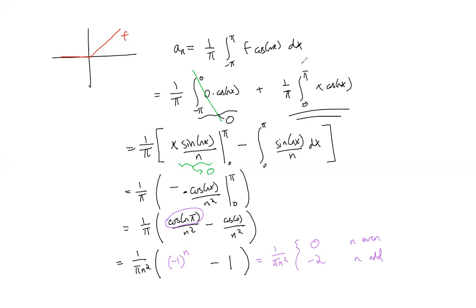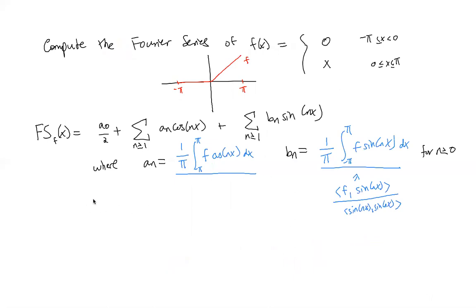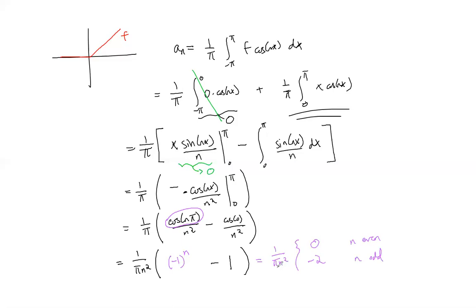Okay, now we can go back and plug that into our formula. So 1 over pi n squared, negative 1 to the n minus 1. We actually should have done a0 separately, just to make sure we get the right thing, because we're dividing by n here. a0 is 1 over pi the integral of f dx, because cosine of 0 is 1.